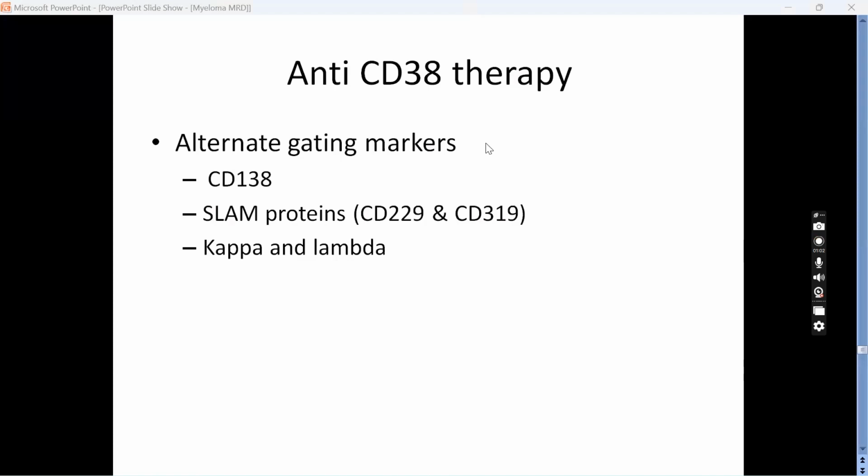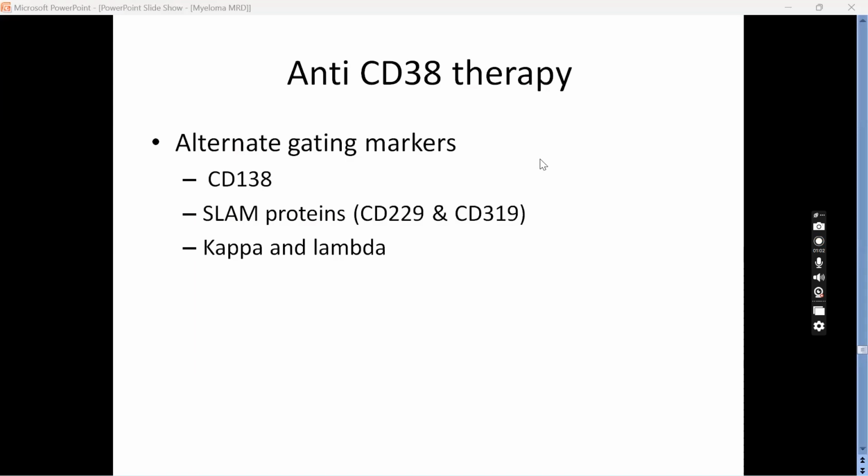As far as the literature is concerned, CD138 is very specific to plasma cells, but CD138 tends to go down with time. That is the problem with CD138. Okay, sir. Any other doubts? No doubts?